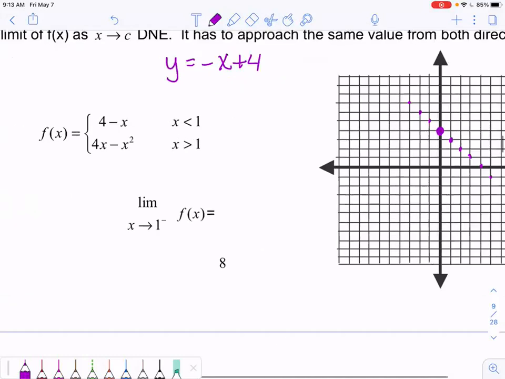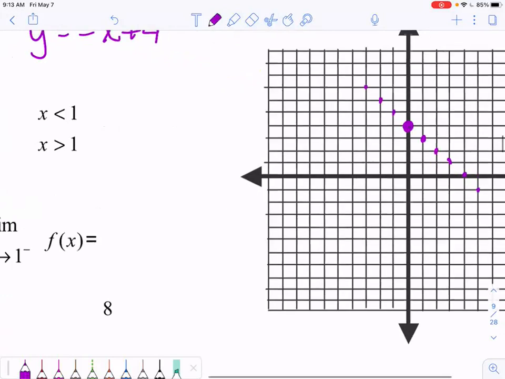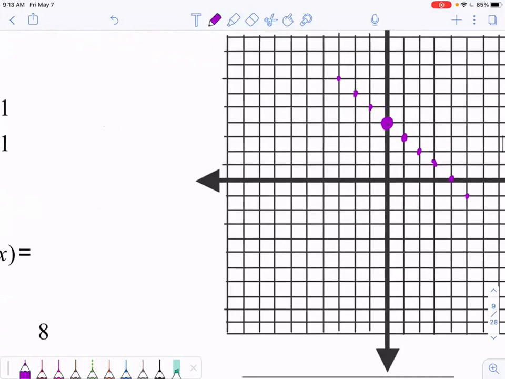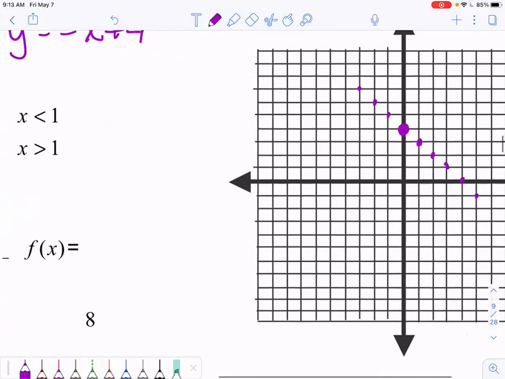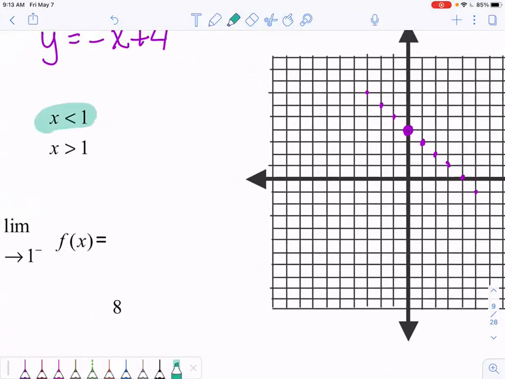So I'm not going to connect my points because we're only taking the piece of the line where x is less than 1. So I'm going to go where x is 1. And at the point where x is 1, it says x should be less than 1. So at that point, I'm going to place an open circle.